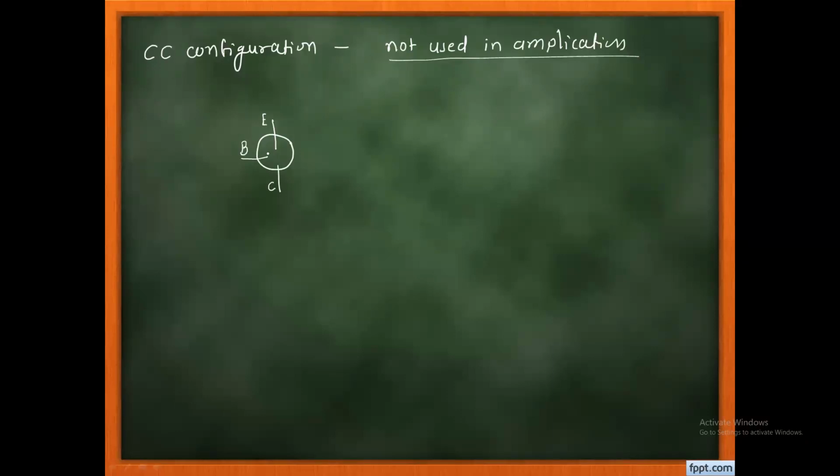We know that the first junction is between emitter and base, and the second junction is between collector and base. Suppose I consider that this is an NPN type transistor. When I draw the arrow, it is always between emitter and base and always pointing from the P region to the N region. So this is the direction of the arrow.